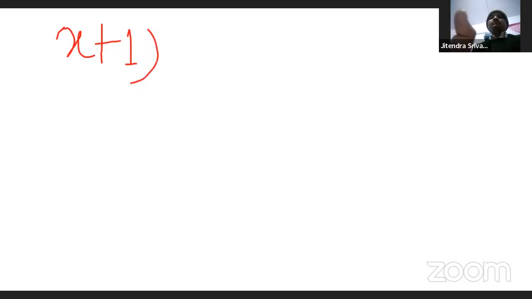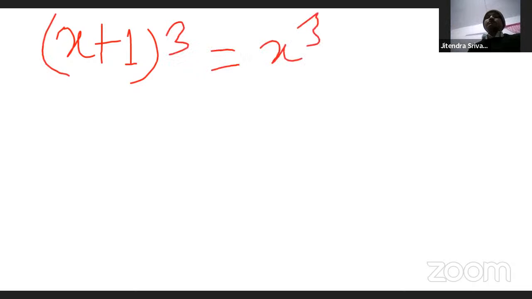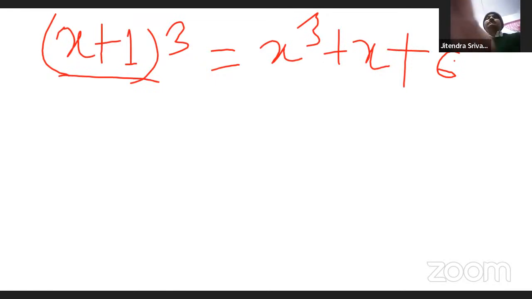Now moving on to the next question. The next question is x plus 1 whole cube equals to x cube plus x plus 6. So now what we will do, we will expand this with the same formula a plus b whole cube.